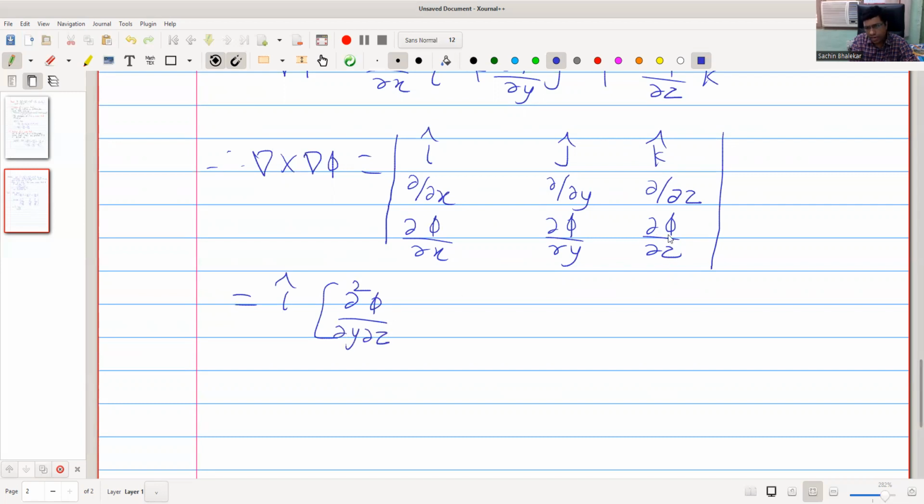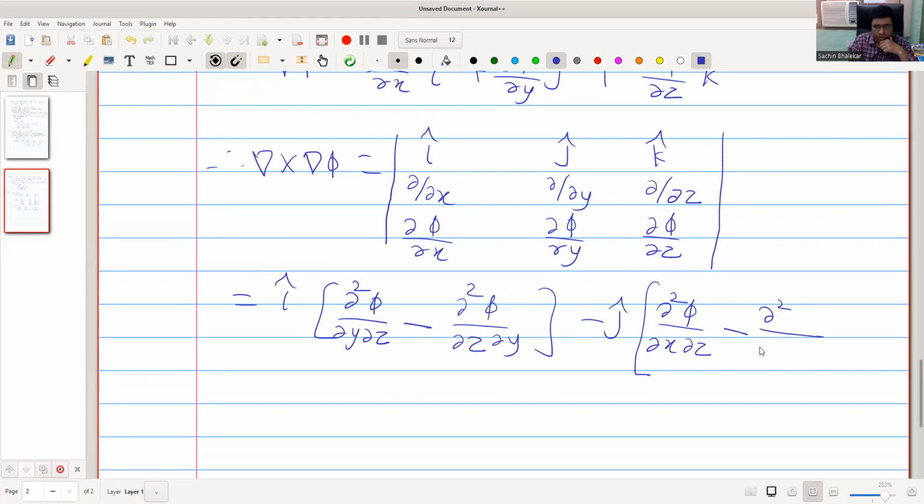That means first we take differentiation with respect to z and then with respect to y, minus the same thing, partial 2 phi by partial z partial y, minus j hat into partial 2 phi by partial x partial z, minus partial 2 phi by partial z partial x, and third plus k hat into partial 2 phi by partial x partial y minus partial 2 phi by partial y partial x.